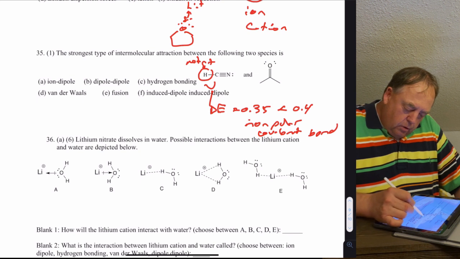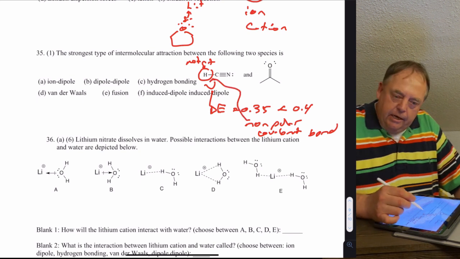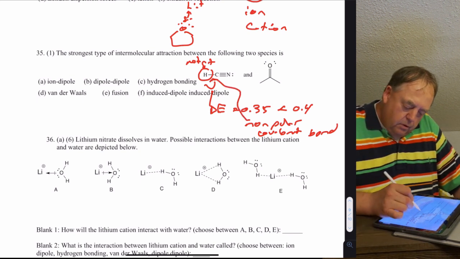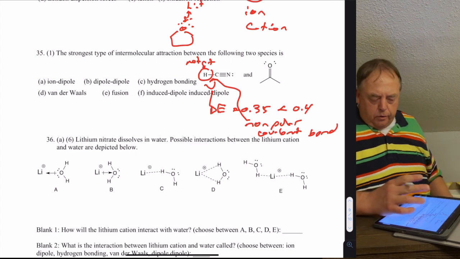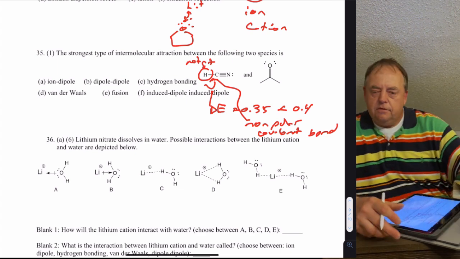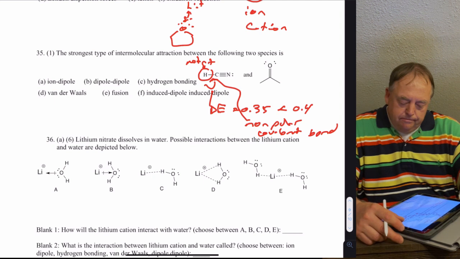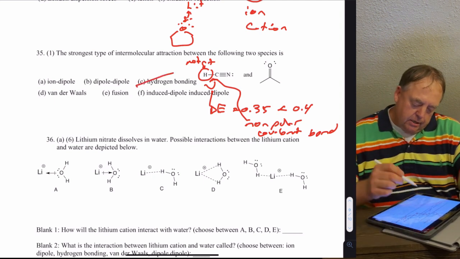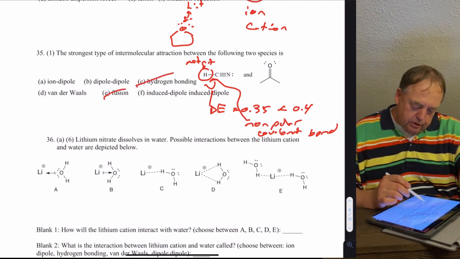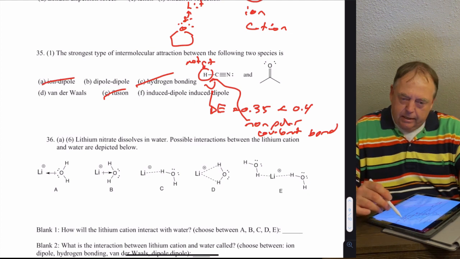So that's a nonpolar covalent bond between the C and the H. If you remember, in cases like that, we ignore partial positive and partial negative. So no charge on hydrogen. So hydrogen bonding's gone. Fusion's not an option. There is no ion, so it can't be an ion dipole.